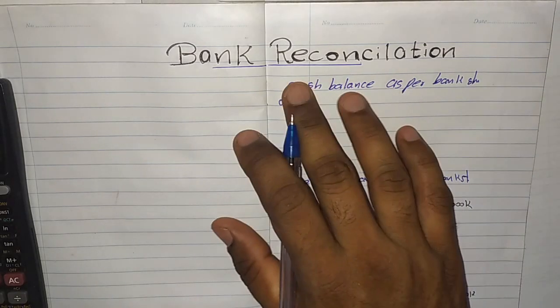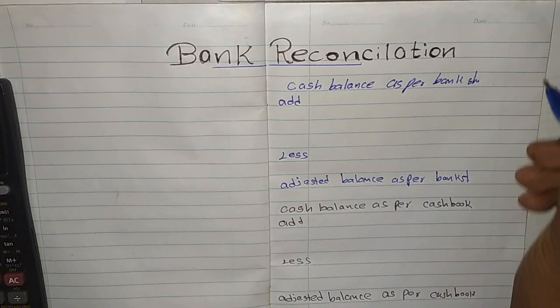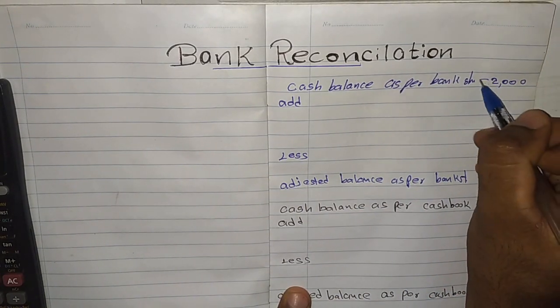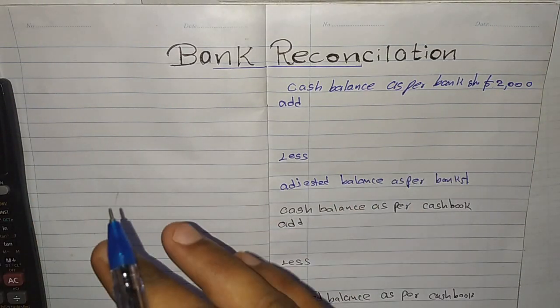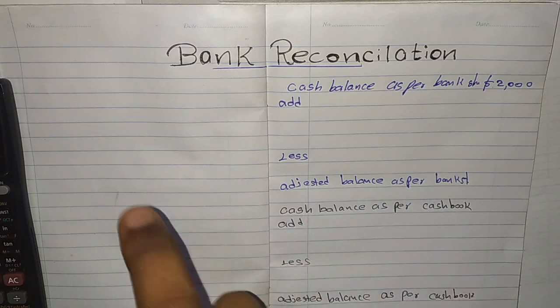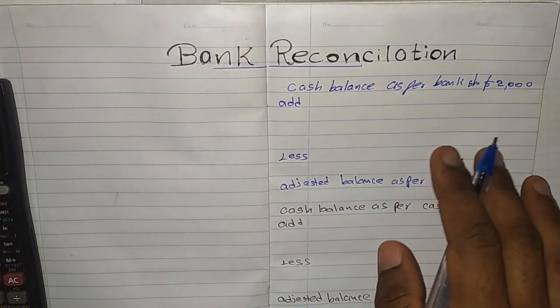Okay, now we are looking at our bank statement, and our bank statement shows that we have $2,000. We have a little example to identify the process of the bank reconciliation. You focus on this process, and the bank statement balance is showing $2,000.